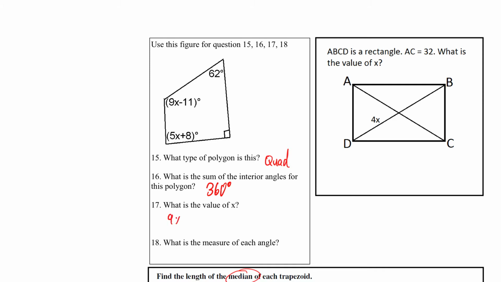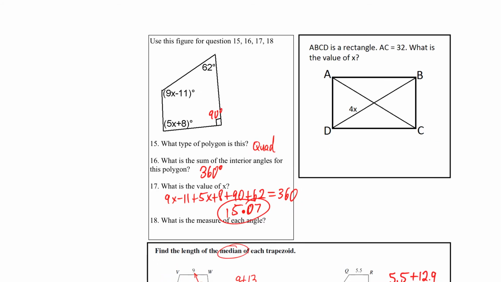So on this one, you would do 9x minus 11 plus 5x plus 8 plus 90 plus 62 equals 360. And it's going to give you 15.07, I think. Then you would just plug that back in to find those other angles.